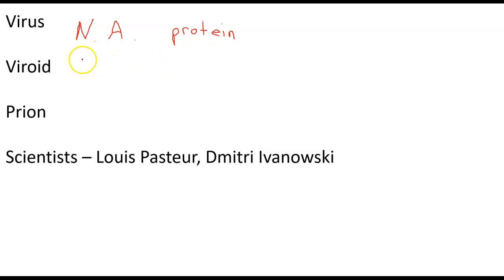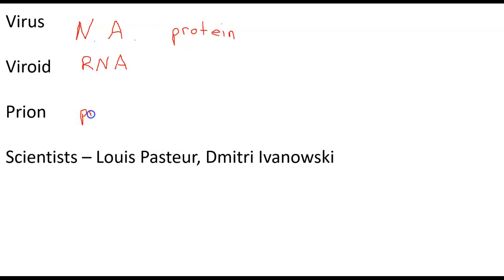Viroids only contain RNA, and they only infect plants. Whereas viruses can infect all types of living cells, a viroid is only composed of RNA, no protein, and they only infect plants. Prions are only proteins.